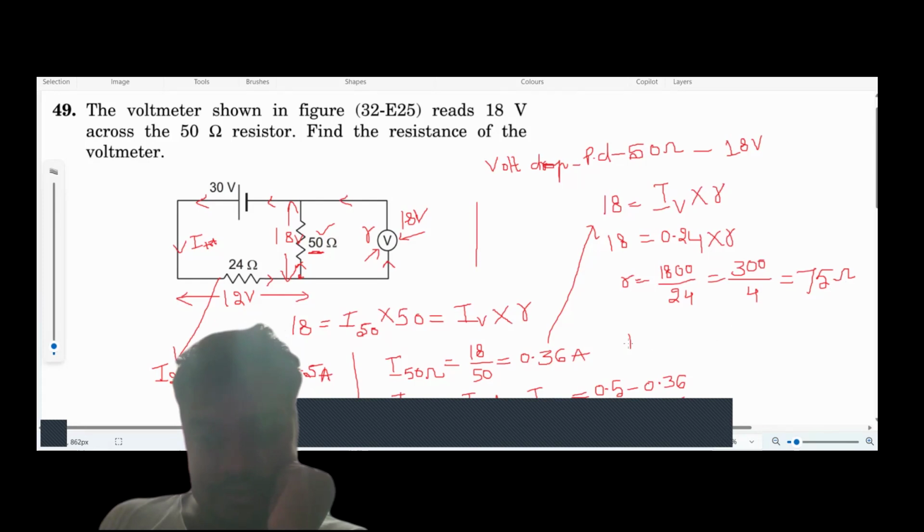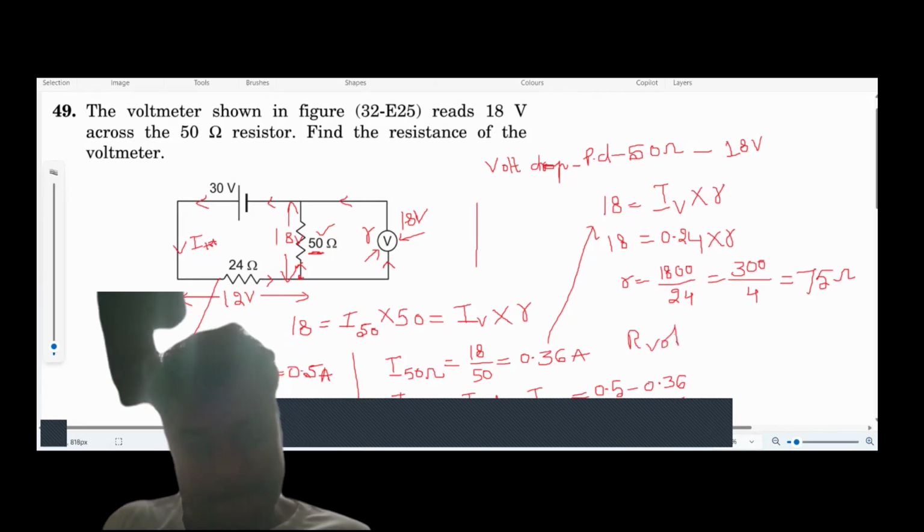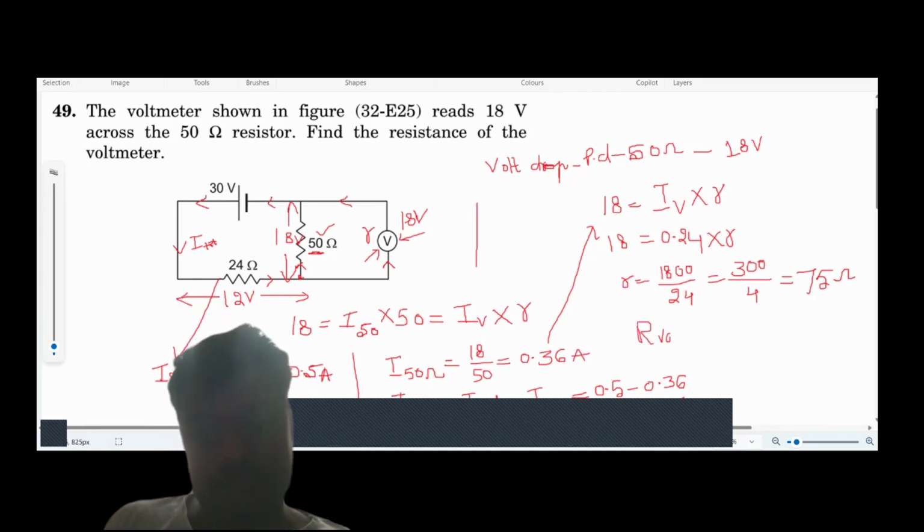So the resistance of the voltmeter is 75 ohm.